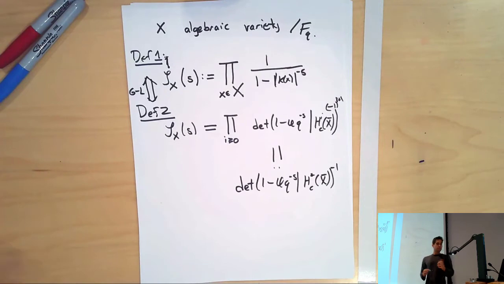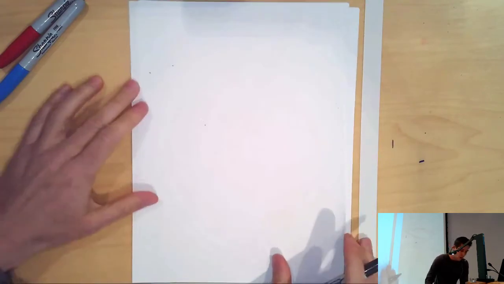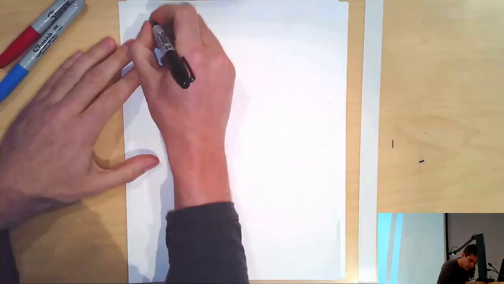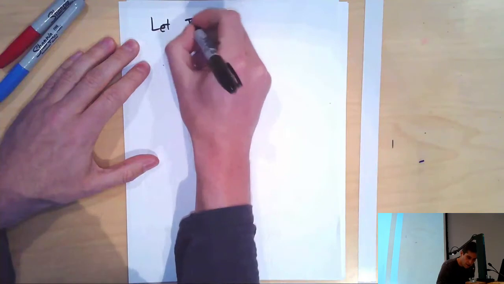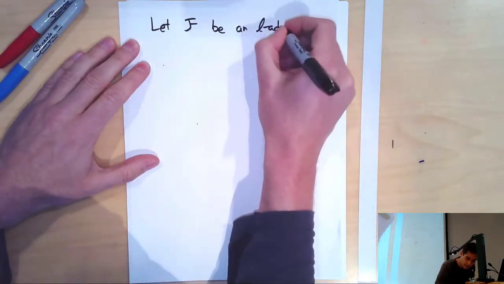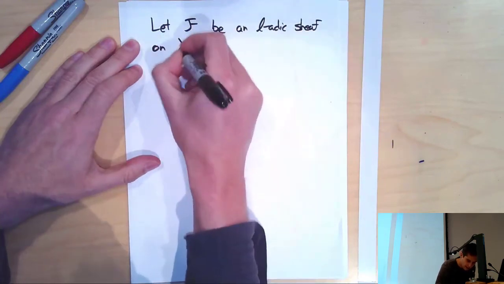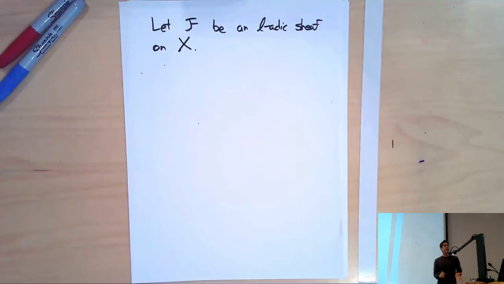Okay, so this is the zeta function of a variety. I want to talk about a generalization of this, which is like a zeta function with coefficients. So now let F be an L-adic sheaf on the variety X. So let me introduce some notation that I'm going to use when talking about L-adic sheaves.